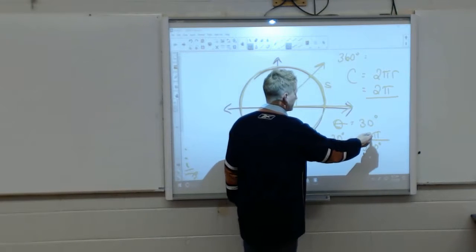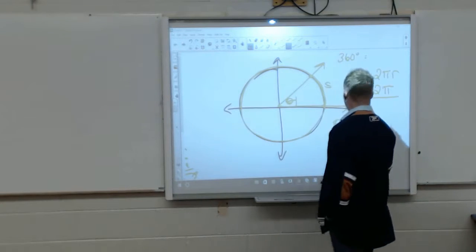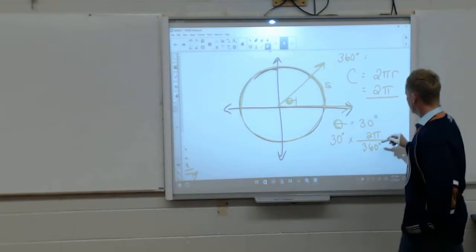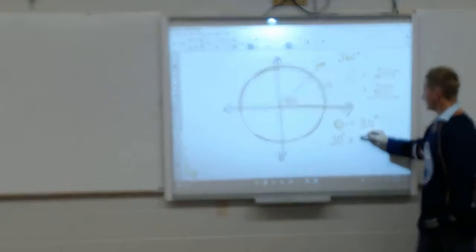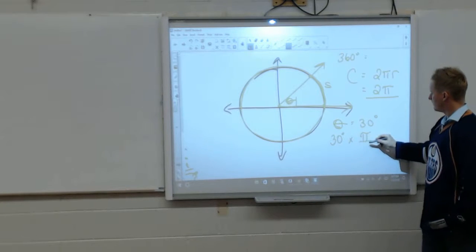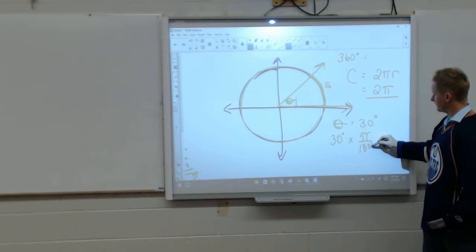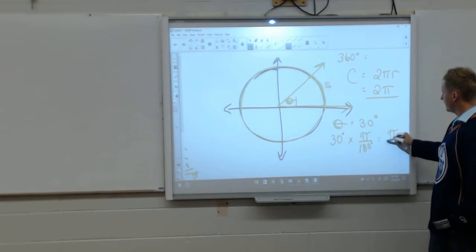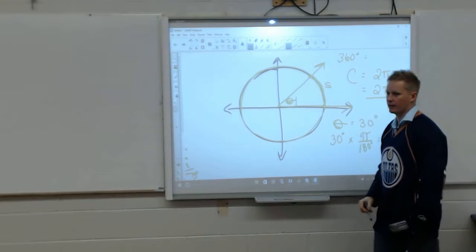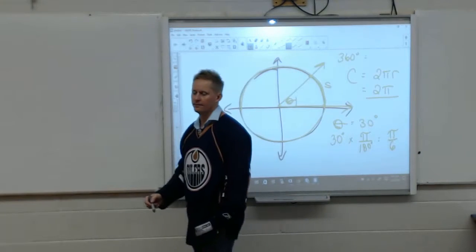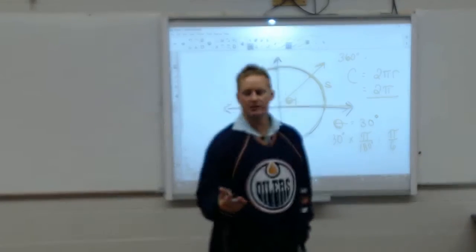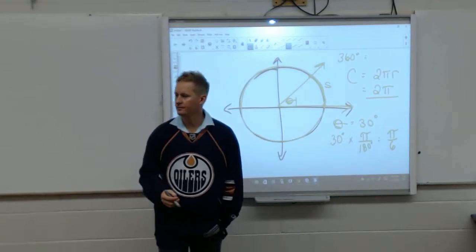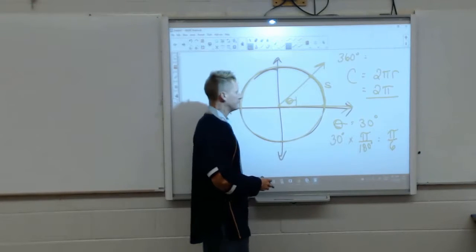So instead of using 2 pi over 360, it's just pi. I'm going to convert using pi over 180 degrees. And I'm going to leave it as pi over 6 radians. Okay? So pi over 6 radians is another way in which we can describe an angle.